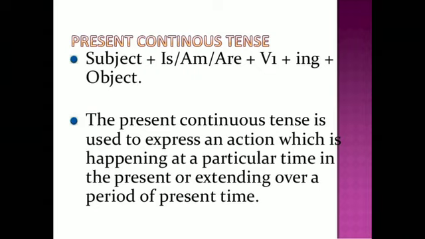So in making the tense, the helping verb is, am, are is followed by the verb plus ing. Likewise, subject plus is, am, are plus present participle, the infinitive plus ing.